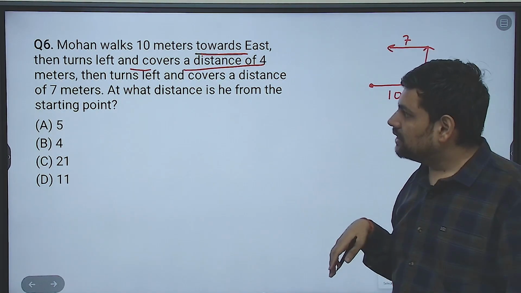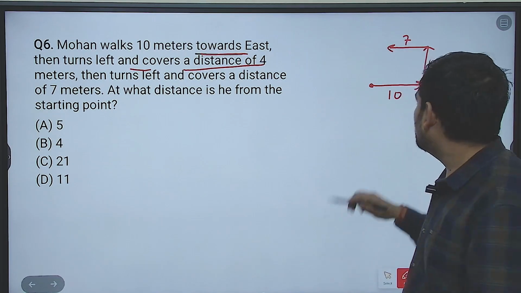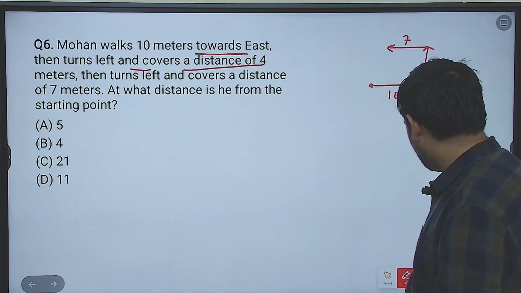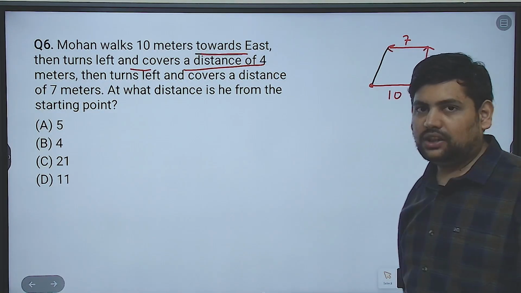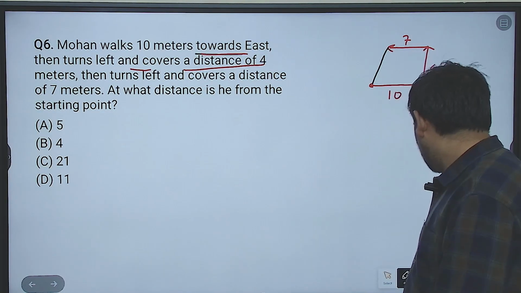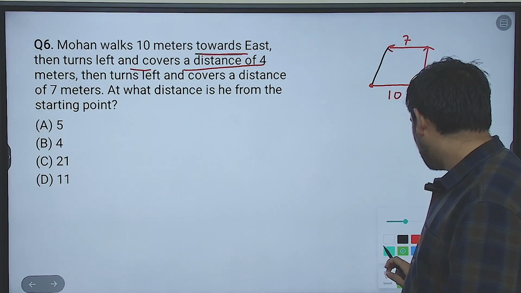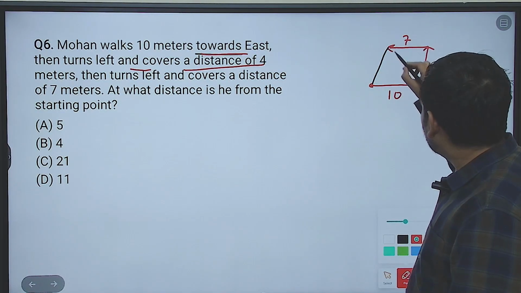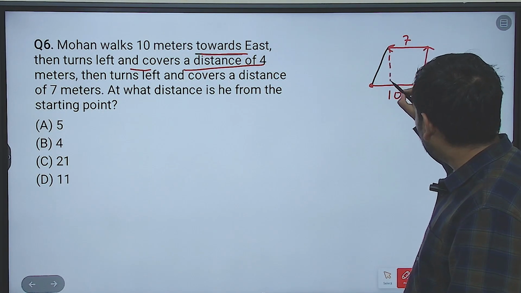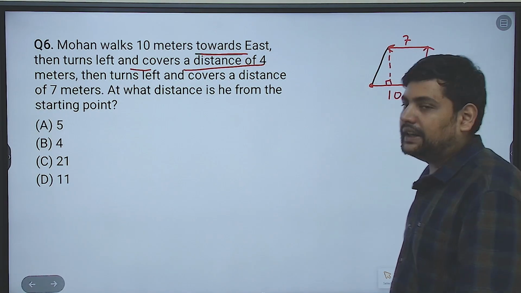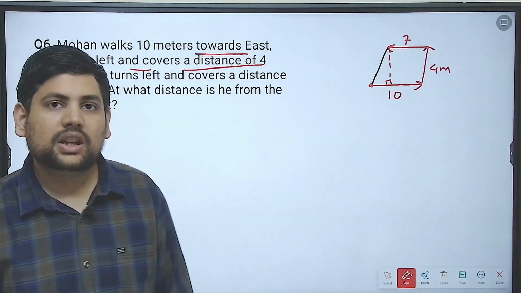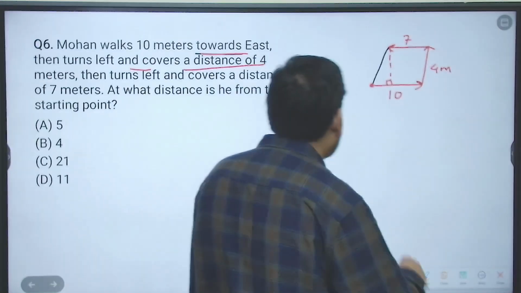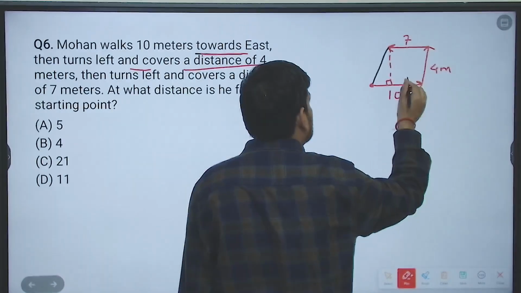And what distance is he from the starting point? So now I need to calculate this distance. How can you calculate this? Simply I can drop a perpendicular from here. As I told you, for finding distance we use mostly two things: making rectangles and making right angle triangles. So if you make a rectangle, this is 7, so this is also 7.